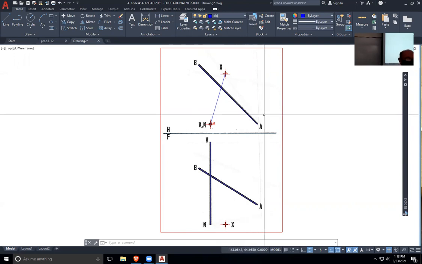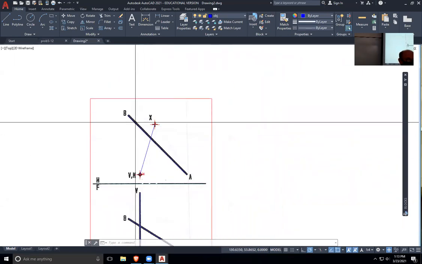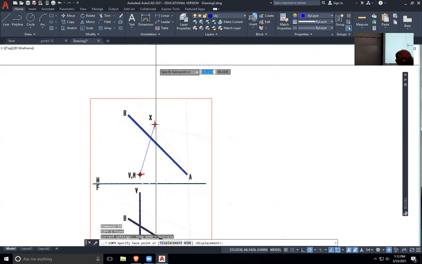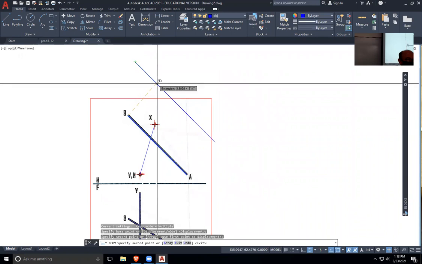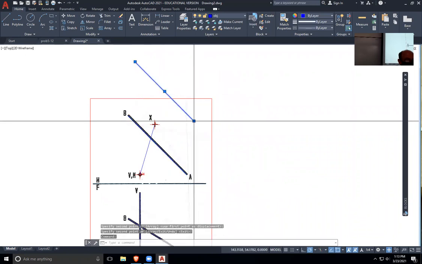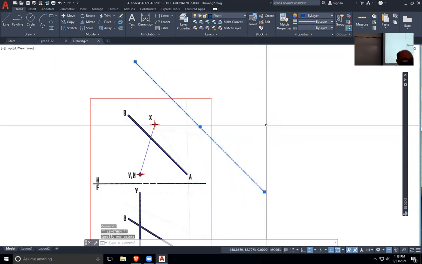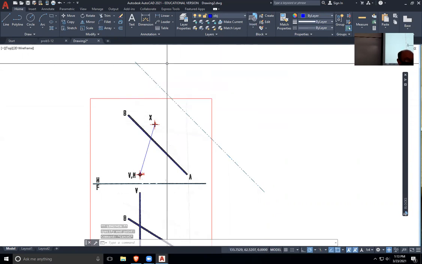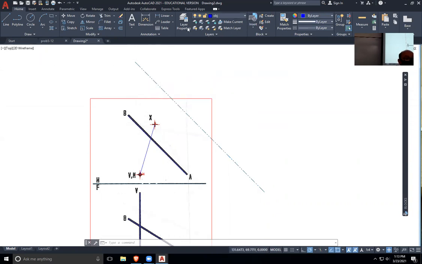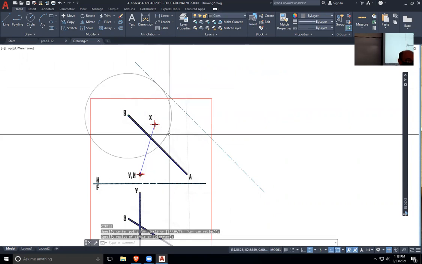When I explained it, I did a true length of AB. Okay, let's do it. I'm going to put this line over here, lengthen it out, put it on the phantom layer. Okay, so there's my reference line, and I'll use some construction lines. We're running out of time, but that's the idea. Let's just finish up our idea first.